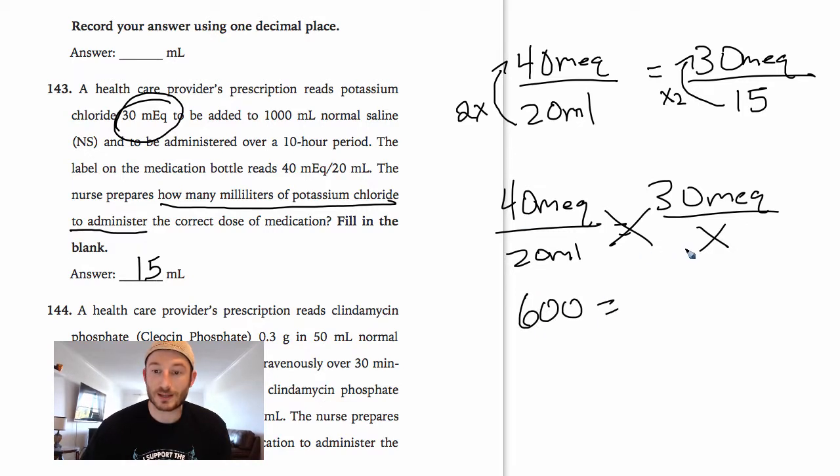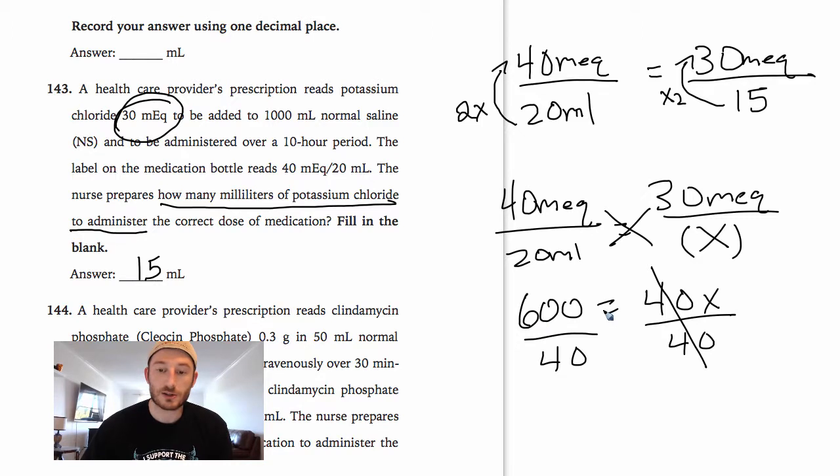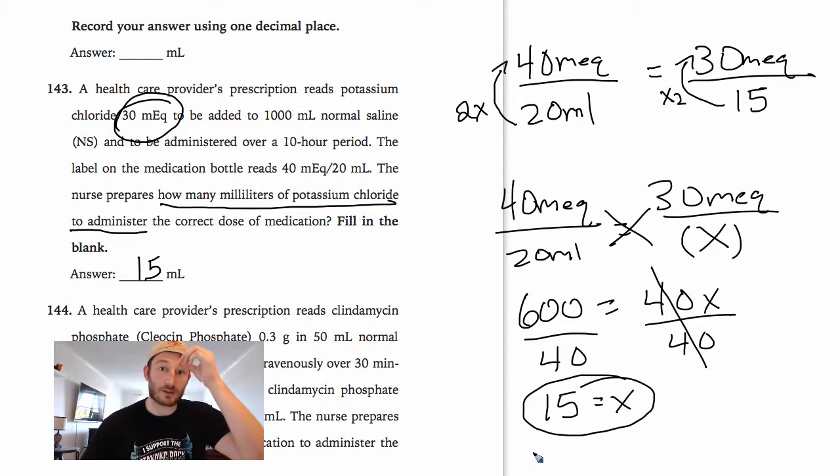This is 40 times x. That's an x, right? We don't know what's there. That's 40x. You divide by 40 to get rid of anything close to the x. And now you're just doing 600 divided by 40, which really should give us 15 because we found that to be the answer already. And you can do it on the calculator, and I guarantee it will give you 15.